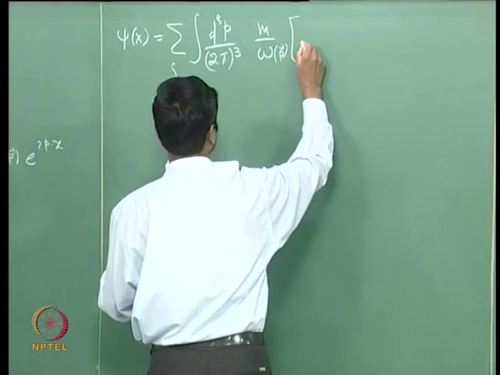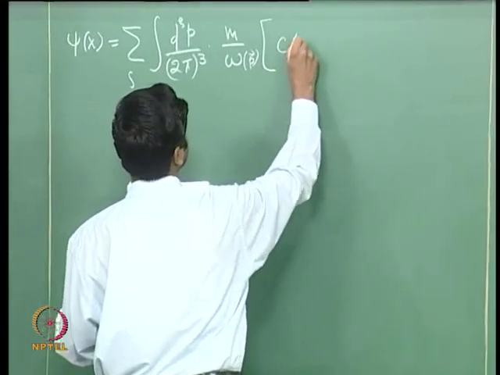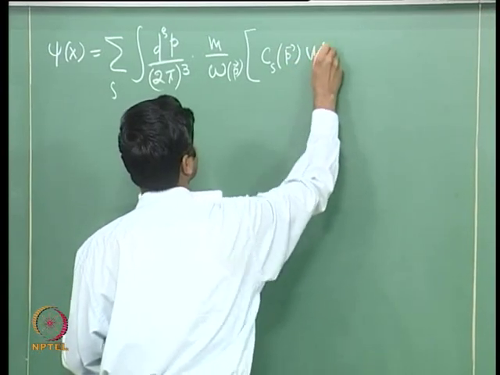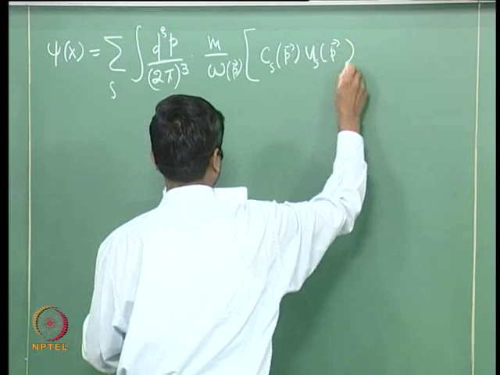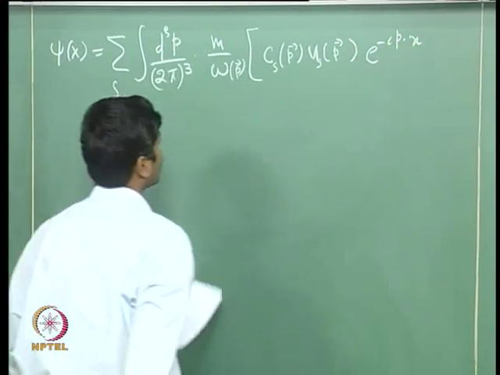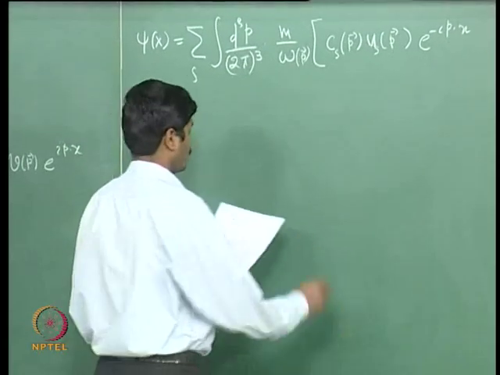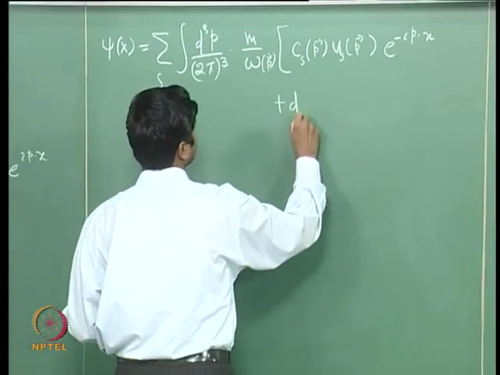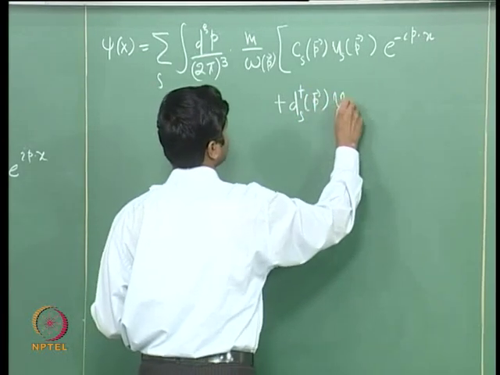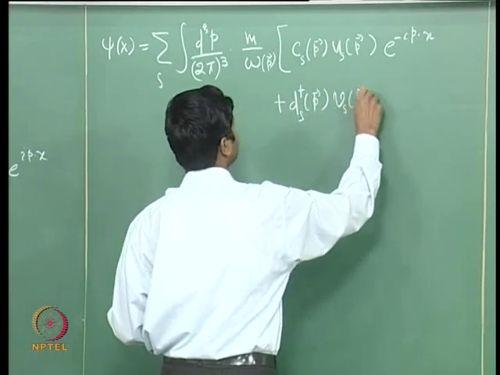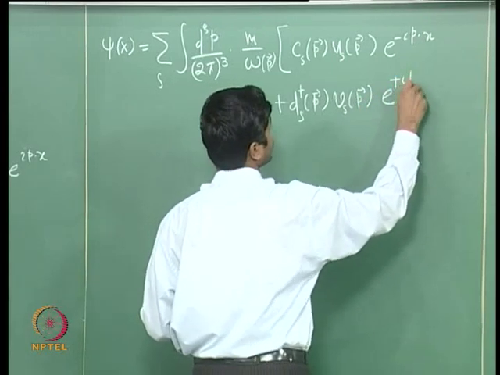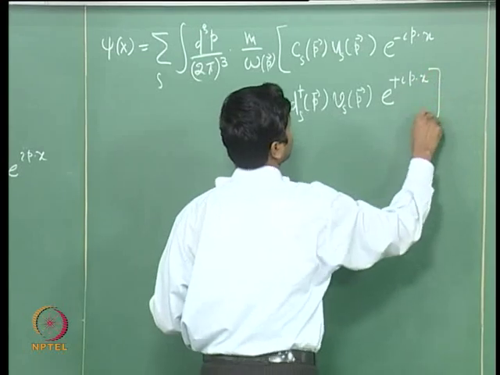Then the coefficients, I will call them c_s(p), u_s(p) e^{−ip·x}, and then d_s†(p) v_s(p) e^{+ip·x}.